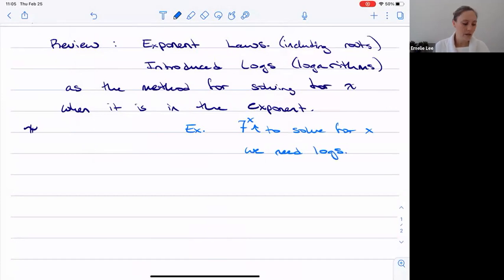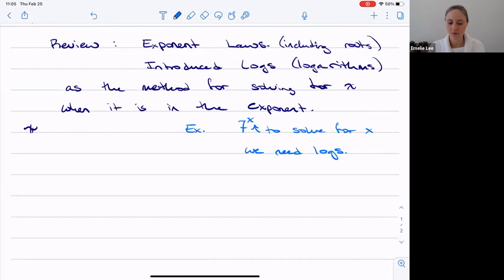As a reminder, depending on how much math you've taken, you probably know that there are logs of different bases. We're going to work exclusively in the natural logarithm, so ln, log base e. That doesn't matter to us. There's an ln button on our calculator, so we'll just use that as our log.